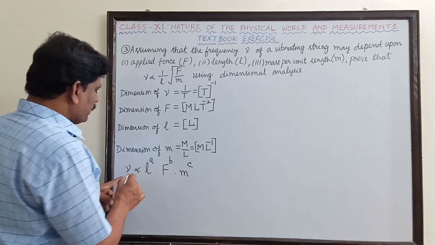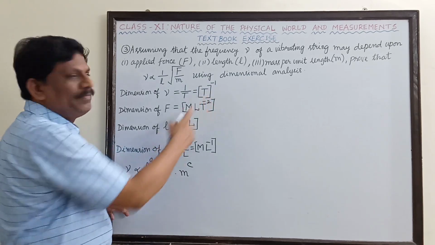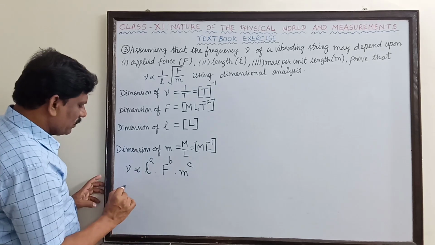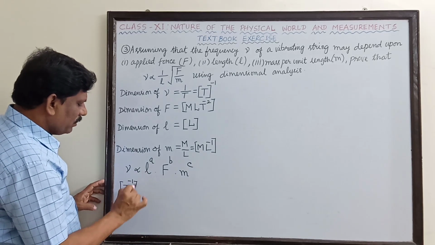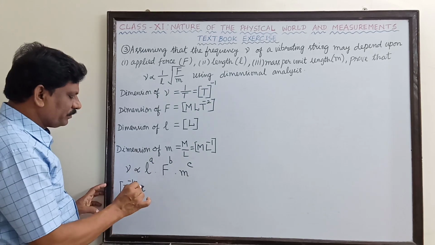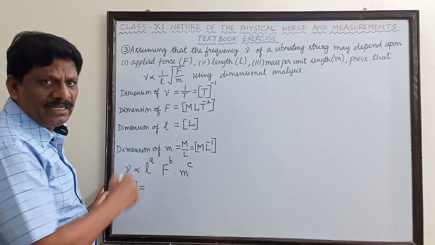If we substitute the dimensions, the left hand side is T power minus 1. So T raised to the power minus 1 is proportional to, or we can write equal to, because it is only dimensions we are substituting.